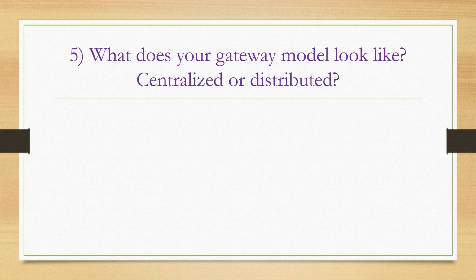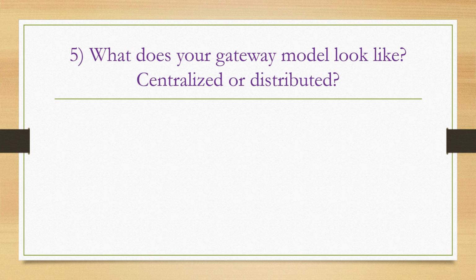The next question would be, what does your gateway model look like? Is it a centralized model, or is it a distributed model? In the centralized model, Juniper likes to have their SVI gateways on spines. But with Arista, they like to have their SVI gateways on the border leaf switches.